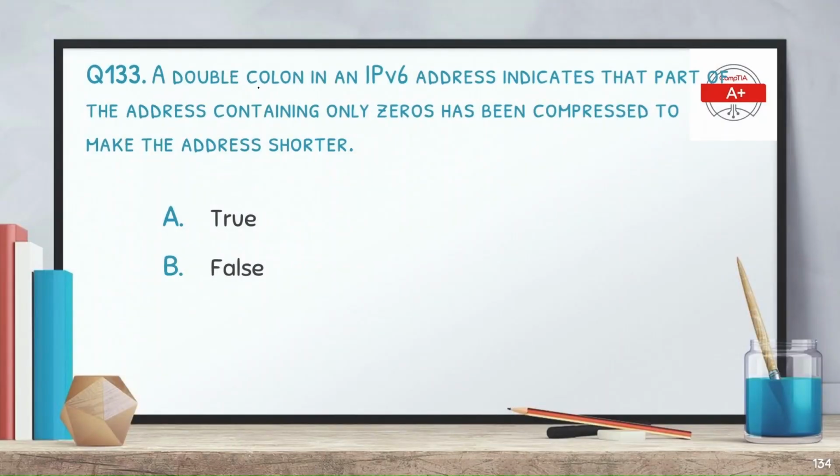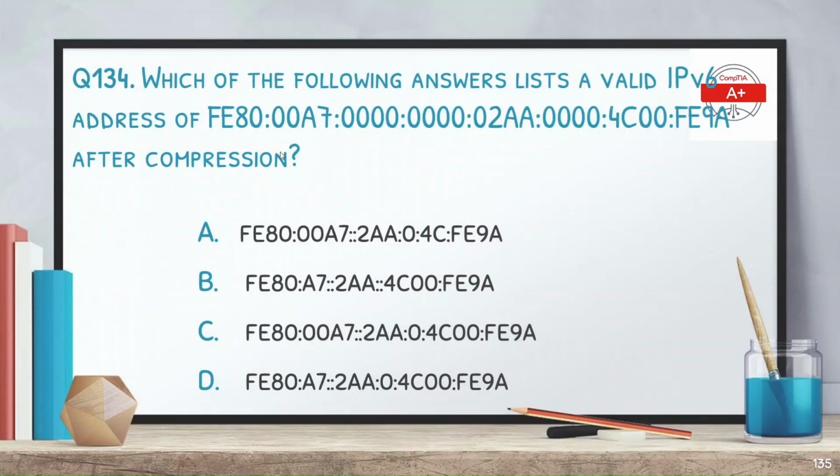Question number 133 is that a double colon in an IP version 6 address indicates that part of the address containing only zeros has been compressed to make the address shorter. Options are A, true, B, false, and the correct option is true. So the zeros are compressed and written in the form of a colon to shorten the address. Question number 134 is that which of the following answers list a valid IP version 6 address of? So this is the IP version 6 address, and after compression, what is the correct option?